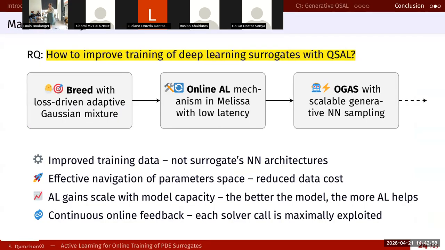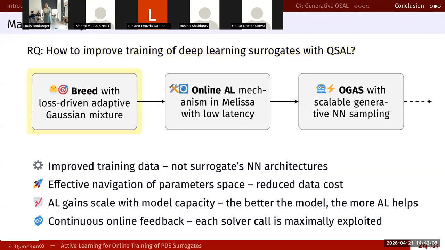We started with a research question: how to improve the training of the deep learning surrogates, in this case with query synthesis active learning. First, we implemented BRID, a simpler distribution approximation method driven by loss.